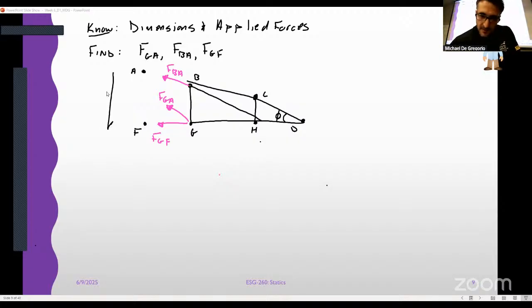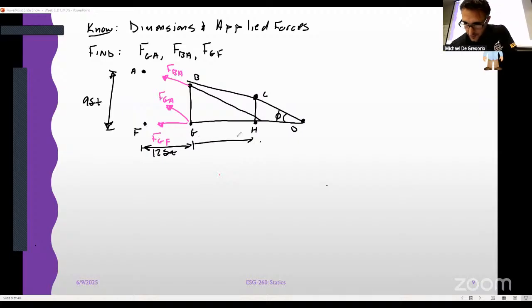Why did I do that? For reasons that you will see in a moment. But I've got to put some dimensions here. This is 9 feet. From F to G is 12 feet. And then the other two, even though they're not drawn this way, are both 14 feet.